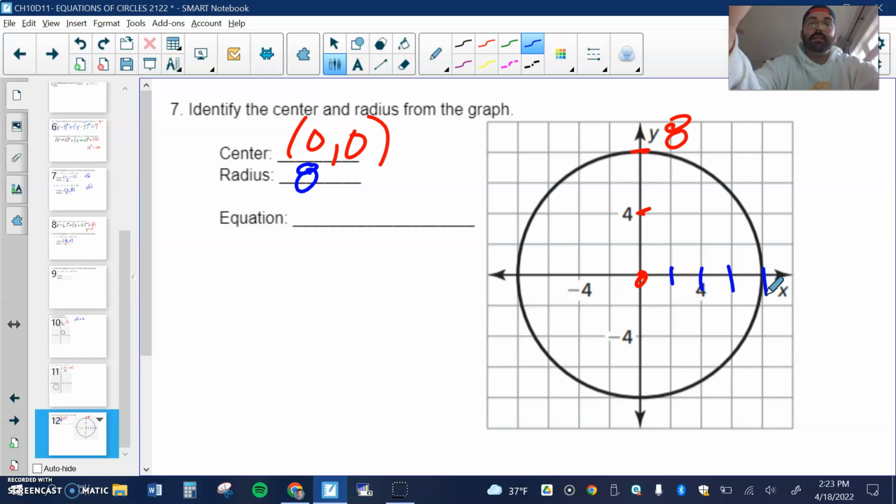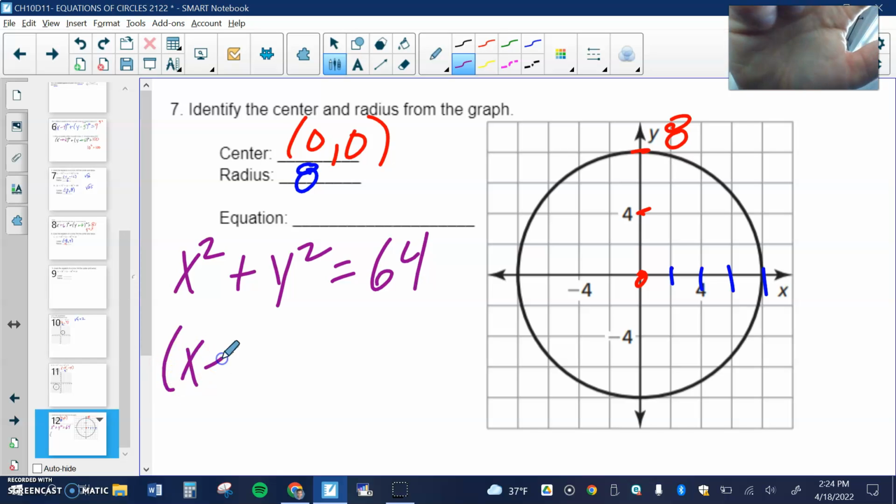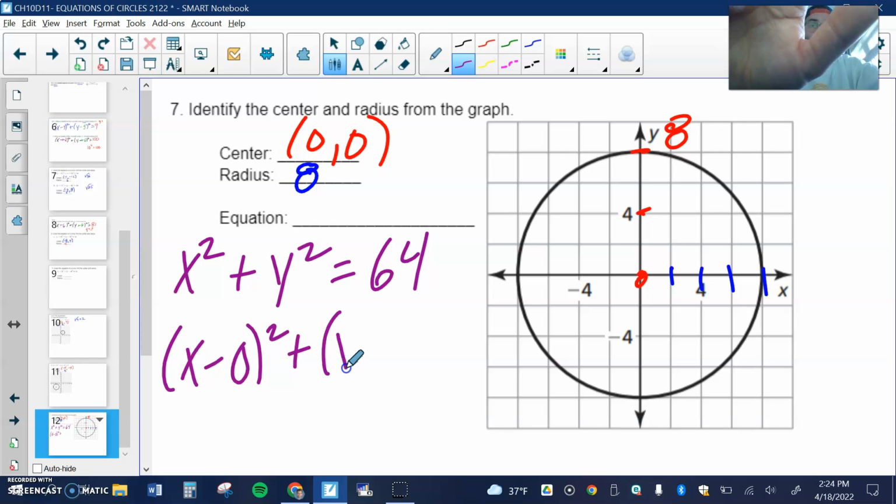So if we wanted to write this equation, if my center is 0, 0, I could do it 2 different ways. The really correct way of doing it would be like this: x squared plus y squared equals 64. That would be the most correct way, because if I wrote this, some of us may write this instead.